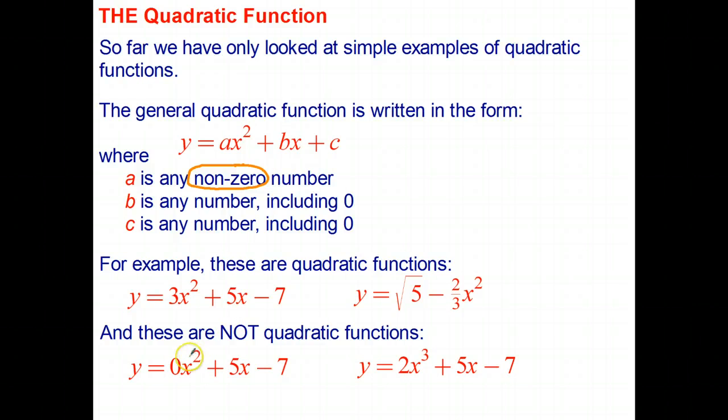If a is equal to 0, that just goes to 0, and the equation is just 5x take 7, which turns out to be a linear equation and not a quadratic equation. This equation here, again, at first glance looks like a quadratic, but the power on x is a 3 and not a 2. So in a quadratic equation, the biggest power of x has to be x to the power of 2.